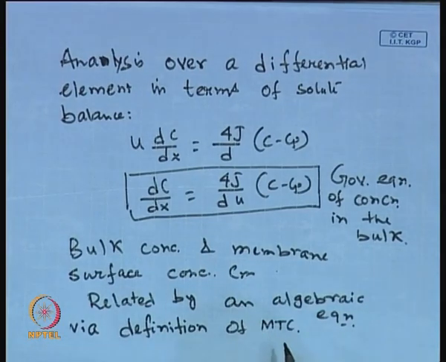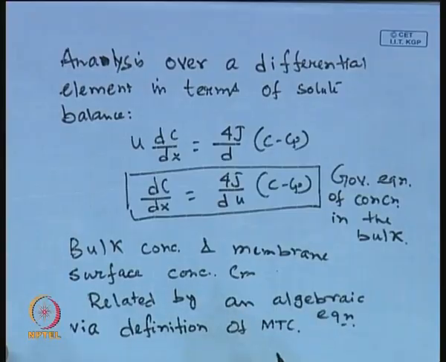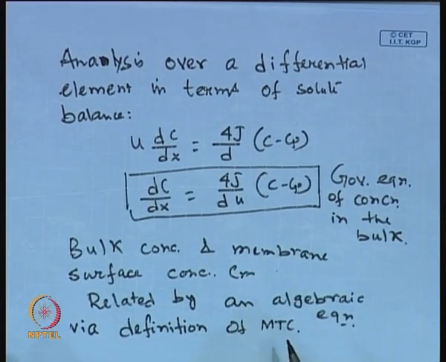In the last class, we derived that expression in detail and understood how to get that expression. So, you will get a relationship between the bulk concentration and membrane surface concentration C and Cm via the definition of mass transfer coefficient. It will be an algebraic equation that we have already seen earlier.